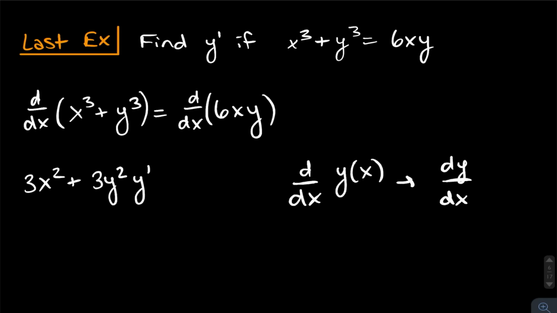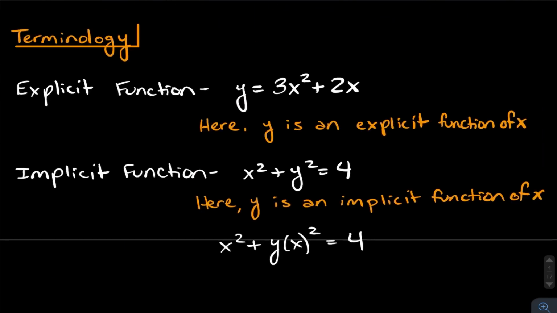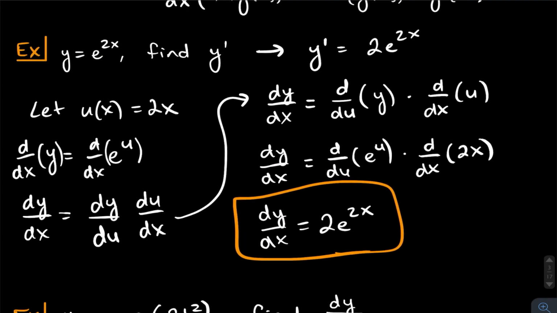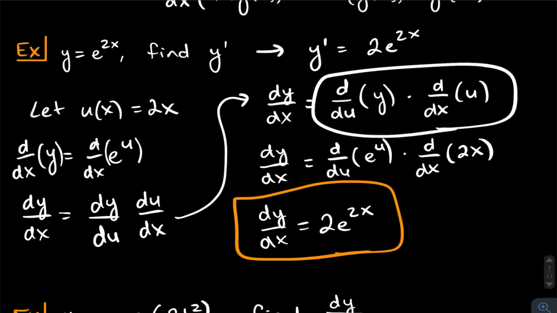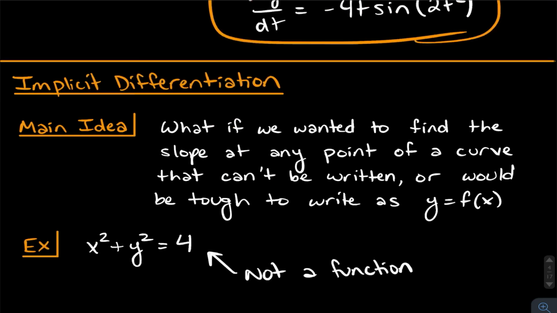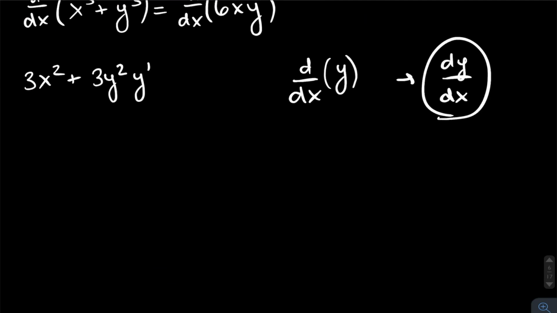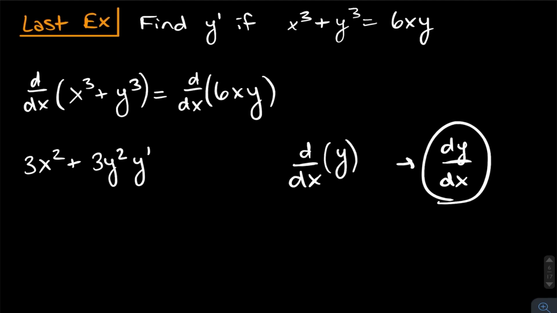You'll see what I mean if I just erase this. d over dx of y is the same thing as dy over dx. That's why, if you were confused before when I was writing things like this, that's exactly what I was trying to do. So hopefully that clears up all the confusion if you're having any.